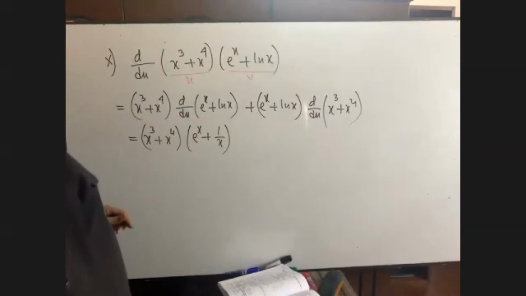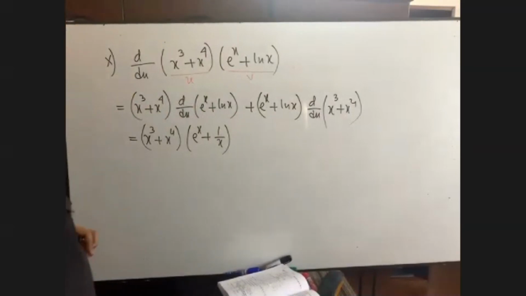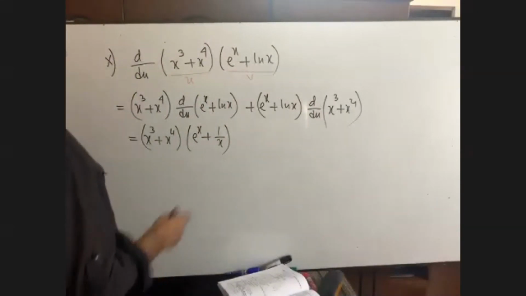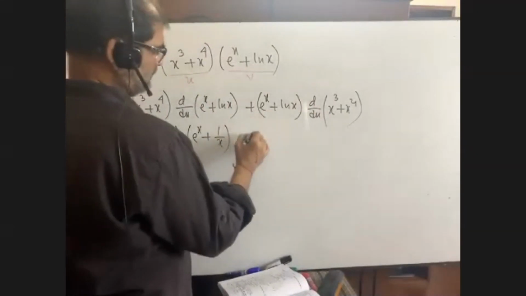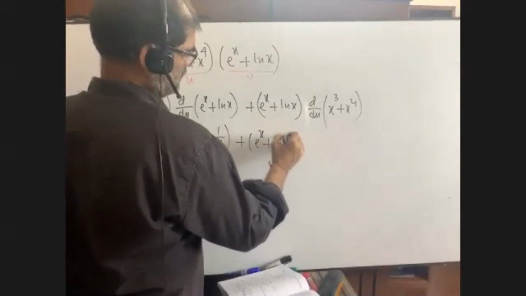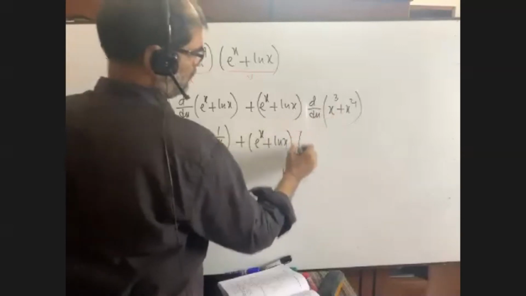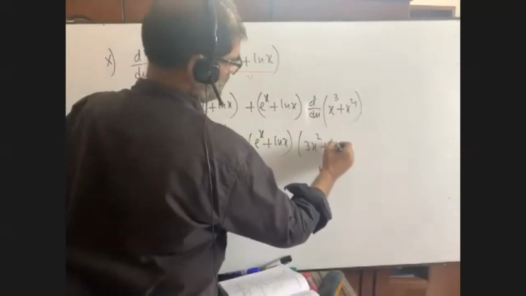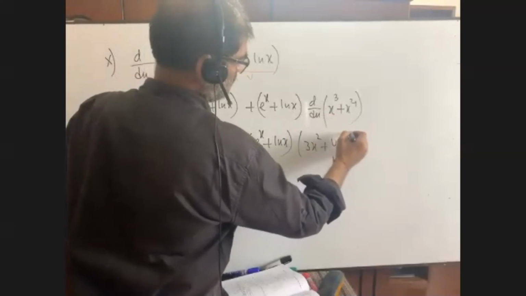Okay, there is a plus sign. It is not a multiplication sign. Here, e to the power x ln x; x cube differentiates to what? 3x square, and x to the power 4 differentiates to what? 4x cube.